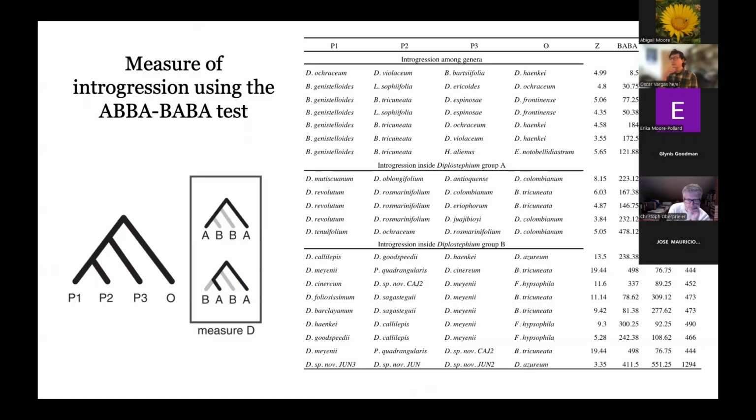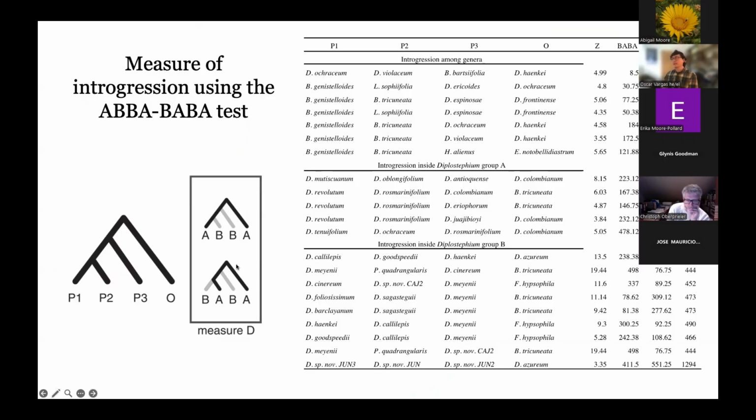So I tested for hybridization with the ddRAD. Well, I actually tested in two ways. I'm just going to talk about the ddRAD here, but I used the ABBA-BABA test. What the ABBA-BABA test does is look at SNPs in which the character states are incongruent with the phylogeny, like they are here.